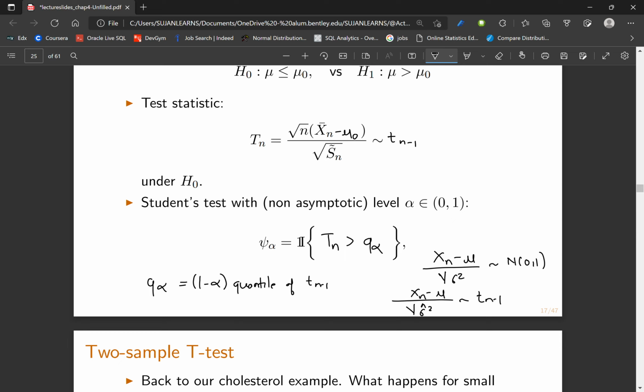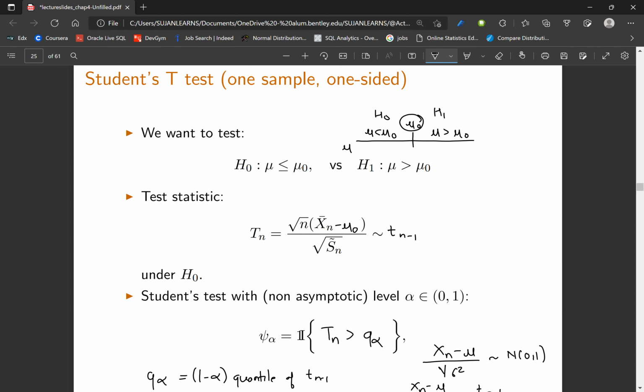In the end, let me quickly summarize what we learned today. We learned about the one-sample and one-sided Student's test, where we had two hypotheses which were different from the two-sided case, and the test strategy was also different because instead of replacing mu with 0, we just replaced it with mu 0.